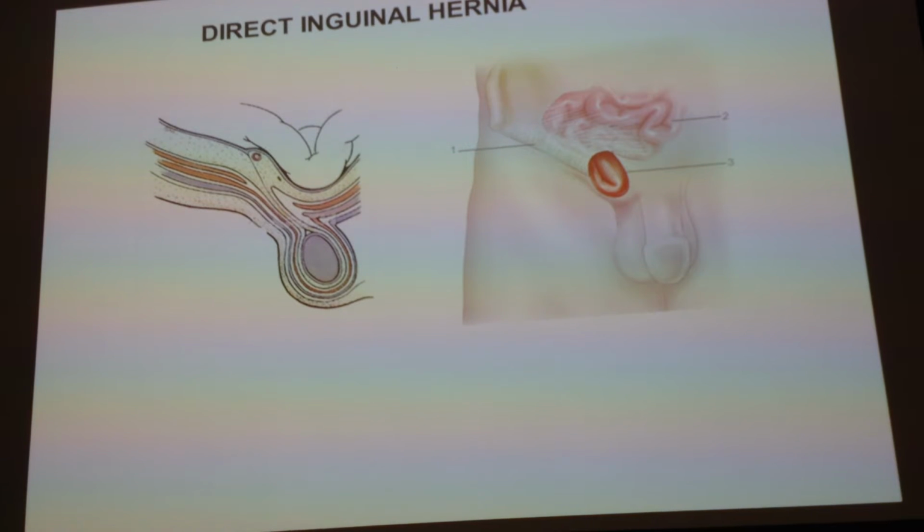To go out of the room, I have to walk around all the chairs and go out that door. That's a lot longer pathway than to just walk through the wall. Let's say this wall was to the outside. If I just went right through that wall, that would be the most direct pathway. Maybe not the easiest, but the most direct. All right, so a direct hernia is straight through the abdominal wall in this direction, like this, whereas indirect is coming through the deep inguinal ring.